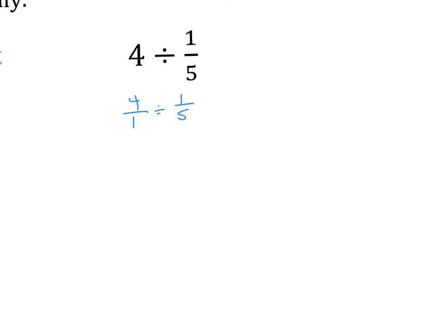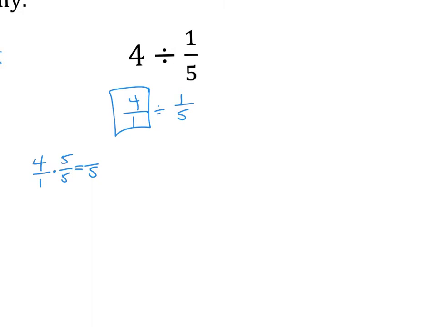So instead, let's change this fraction so that we can divide something by 5. What number is easily divisible by 5? Well, 5 is easily divisible by 5. So I'm going to take this 4/1 and make an equivalent fraction where the 5 is the denominator. To do that, I'm going to multiply by 5/5.